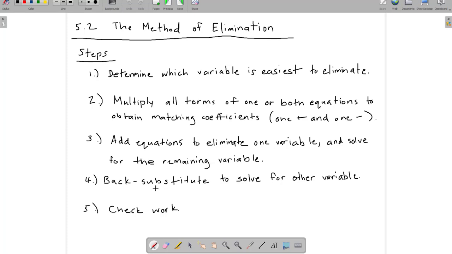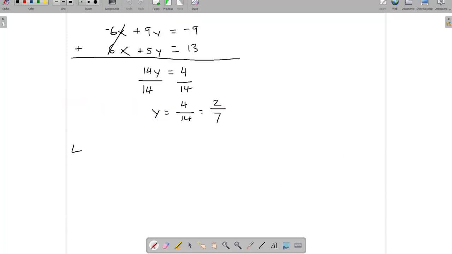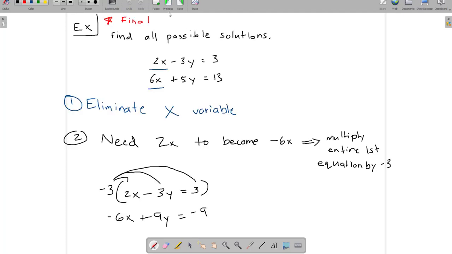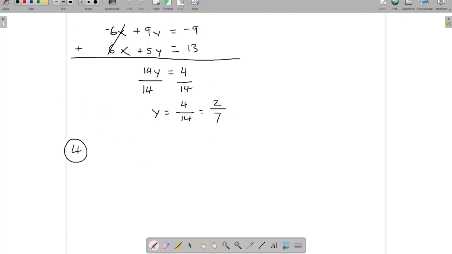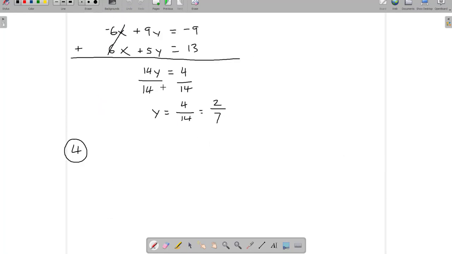Step 4, we're going to want to back substitute to solve for the other variable. So we can take either of our original equations. Let's look at our number here, 2/7. We'll probably just take the first equation because the coefficients are a little bit smaller. We won't have to do large multiplication.